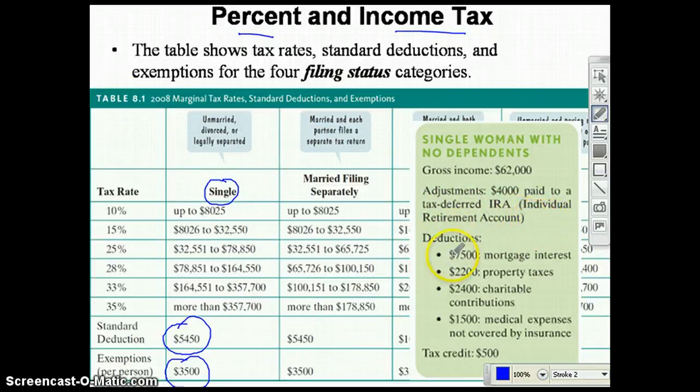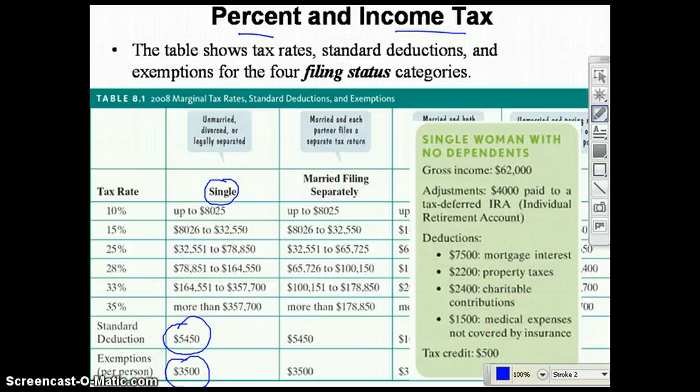Her deductions are $7,500 mortgage interest, $2,200 property taxes, $2,400 charitable contributions, and $1,500 medical expenses not covered by insurance. And she has a tax credit of $500. The question is, can we find her tax?